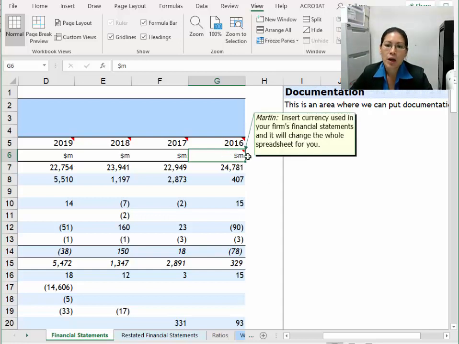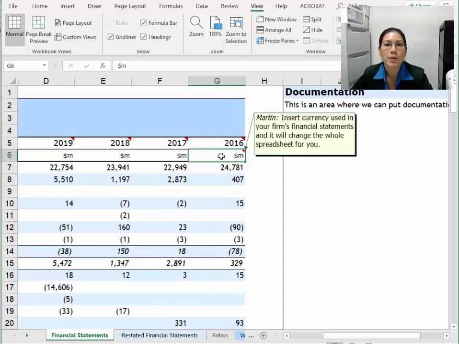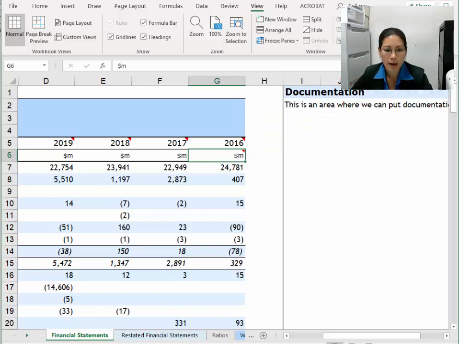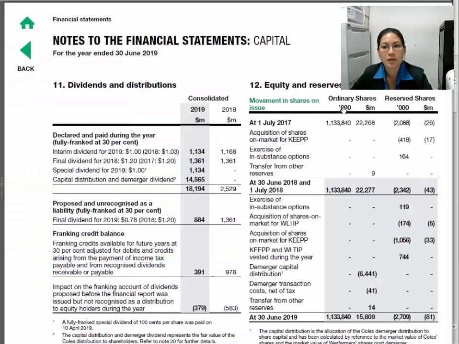Okay, so make sure that you're reflecting the correct way your figures are denominated, because when we come to entering the number of ordinary shares, we want it to be expressed in the same way. Now, Wesfarmers, I'll go back to the 2019 report, hasn't expressed it in millions.